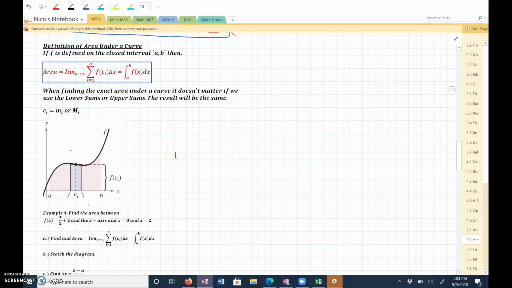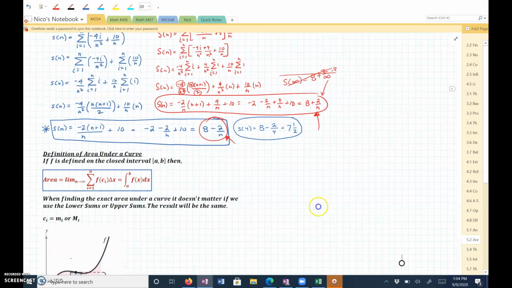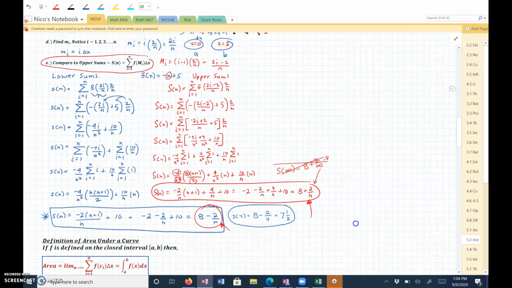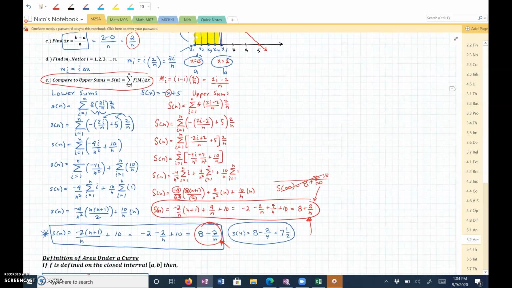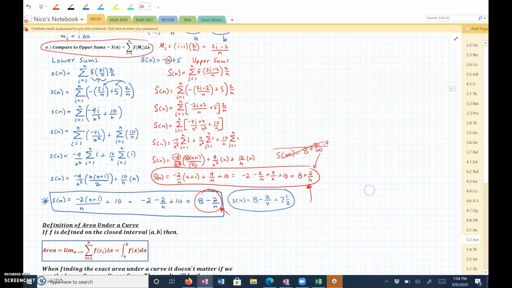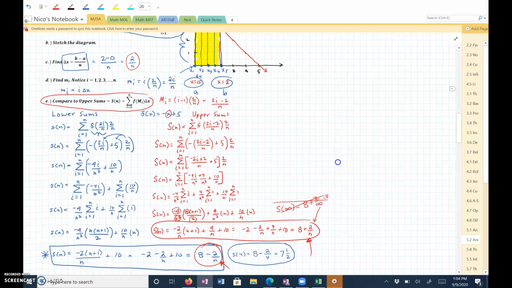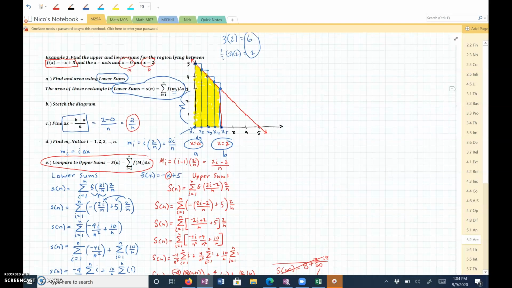All right, picking up where we left off, the last problem, we came to the conclusion that whether you're doing the lower sums or the upper sums, your result is going to be the same when n goes to infinity. So here is the lower sum formula.